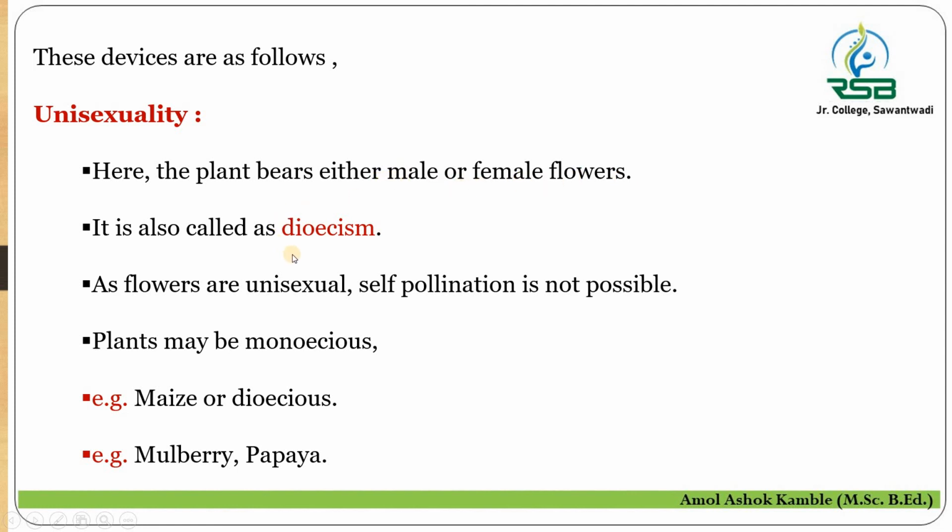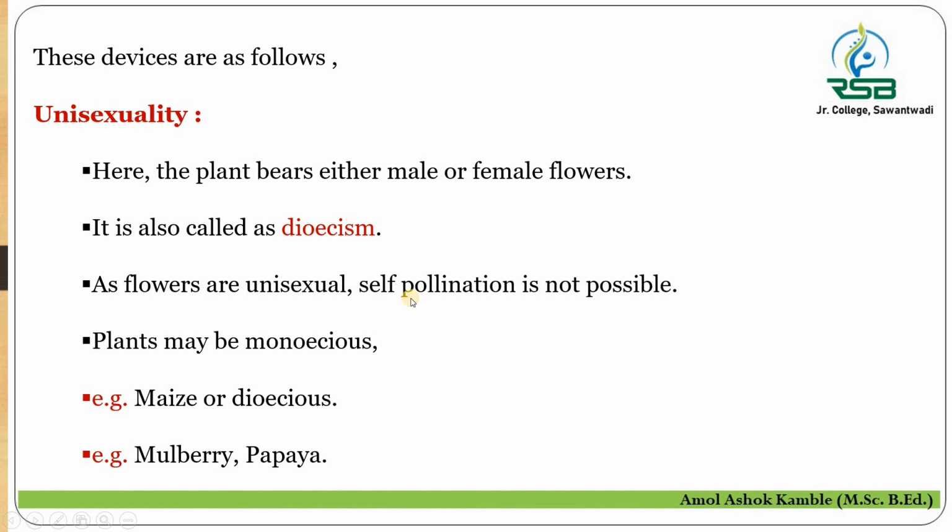It is also called dioecism. Here in case of unisexuality, self pollination is not possible. सेल्फ पॉलिनेशन पॉसिबल नाही. कारण त्या प्लांट मध्ये एकतर मेल असणार आहे किंवा एकतर फिमेल असणार आहे.